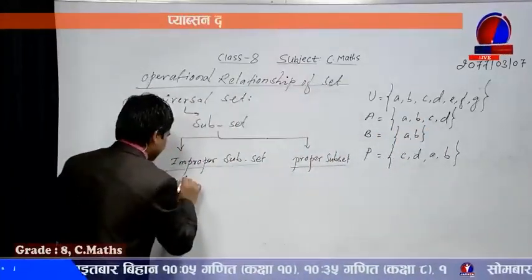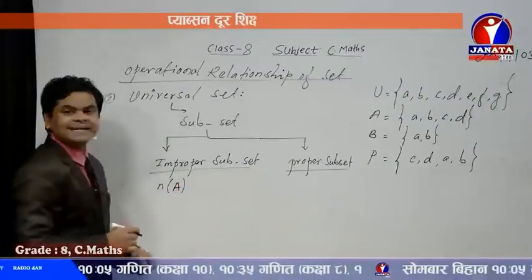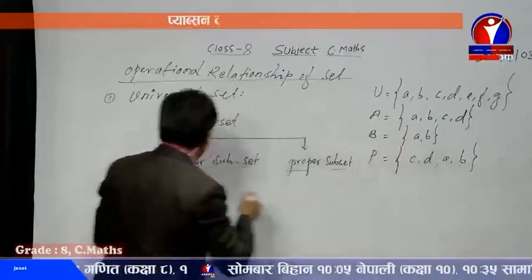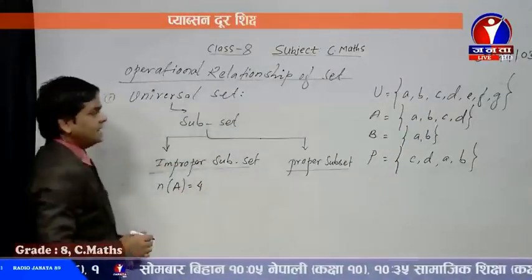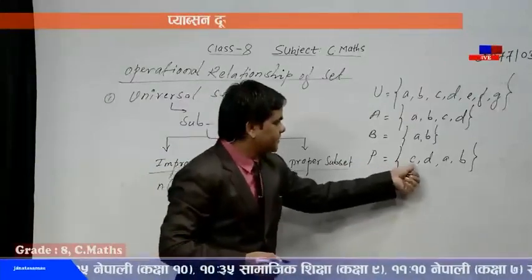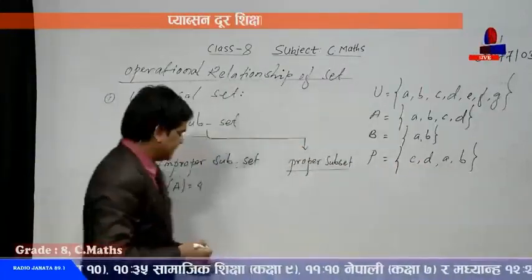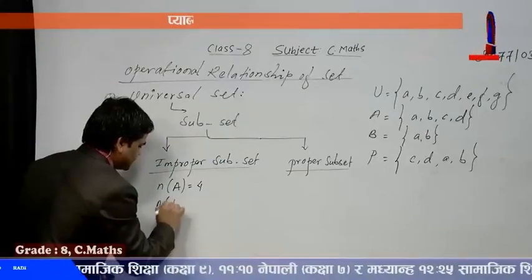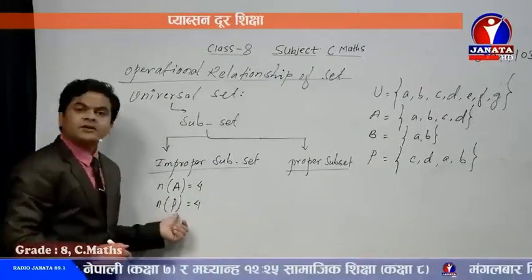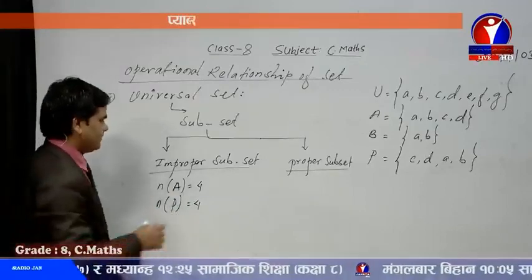Cardinally, if you write, then the number of elements contained in set A, B, C, D, there are 4. And if you see subset P, here are also 4 elements. That means in subset P also there are 4 elements. Cardinally, the elements are also equal.